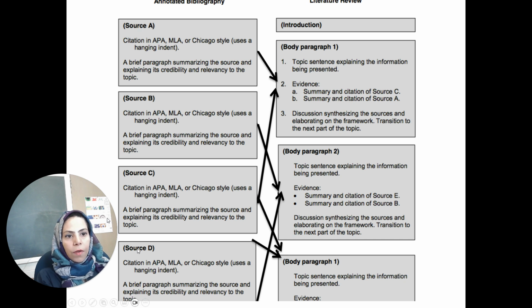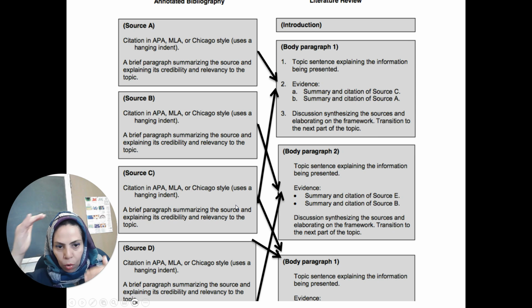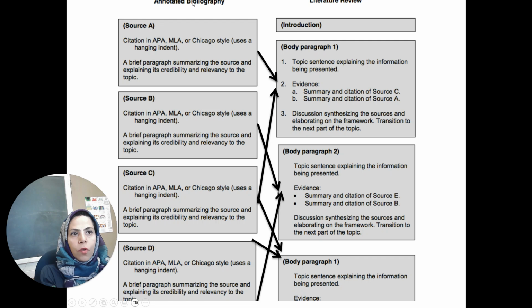So here I have given you an example कि literature review लिखने का तरीका क्या है. उसमें just the narrative, not the whole literature review, the narrative of it. So you have these papers 1, 2, 3, 4 जो कि annotated bibliography में लिखा हुआ है. Source A, इसमें brief summary about whatever the summary was. Source B, source C, source D.